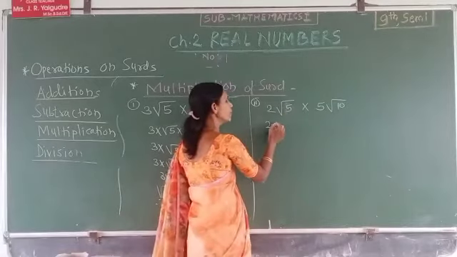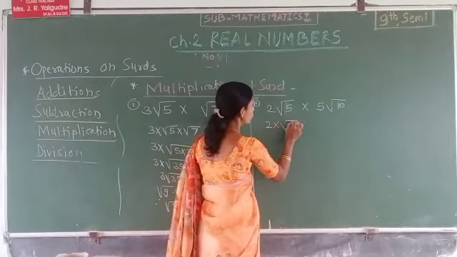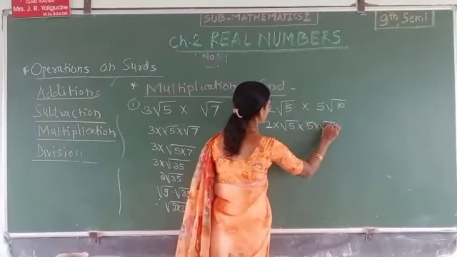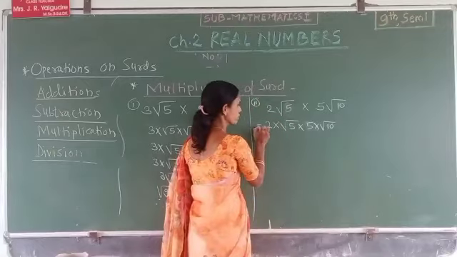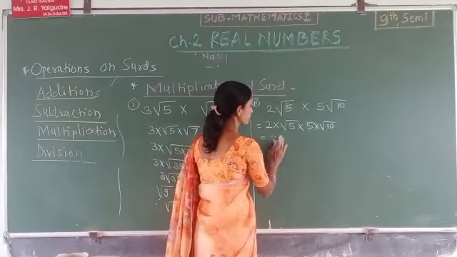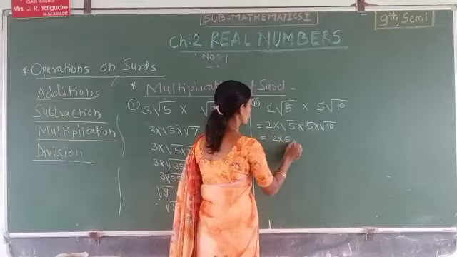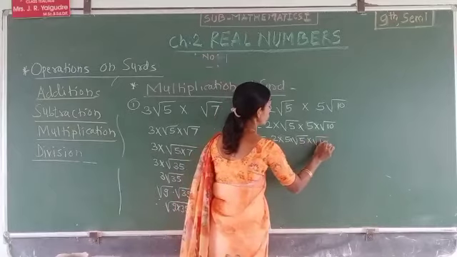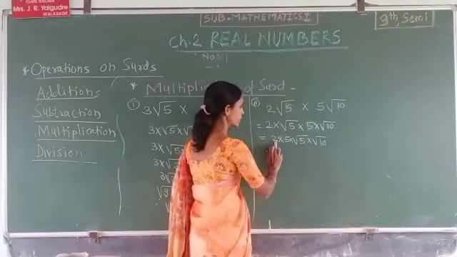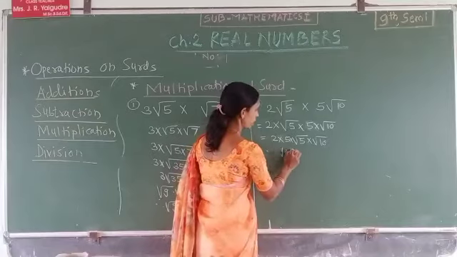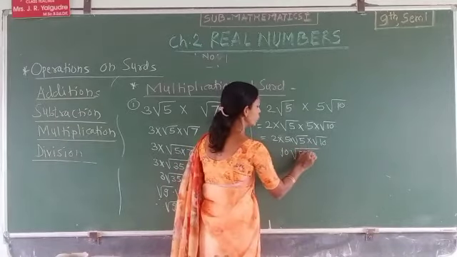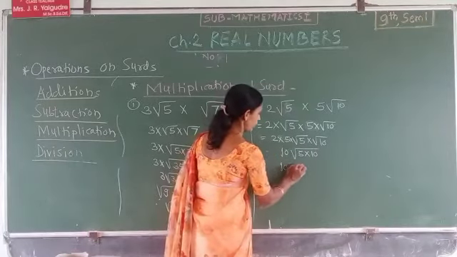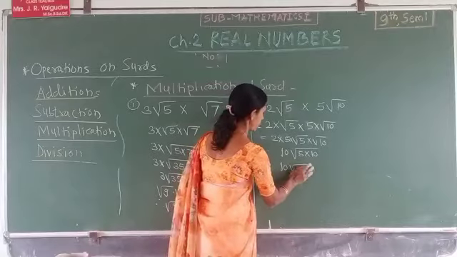Then we have to do the multiplication of those, that is 2 into root 5 into 5 into root 10. Therefore, here 2 into 5, that is 10, into root 5 into root 10. Therefore, 10 into root 50.